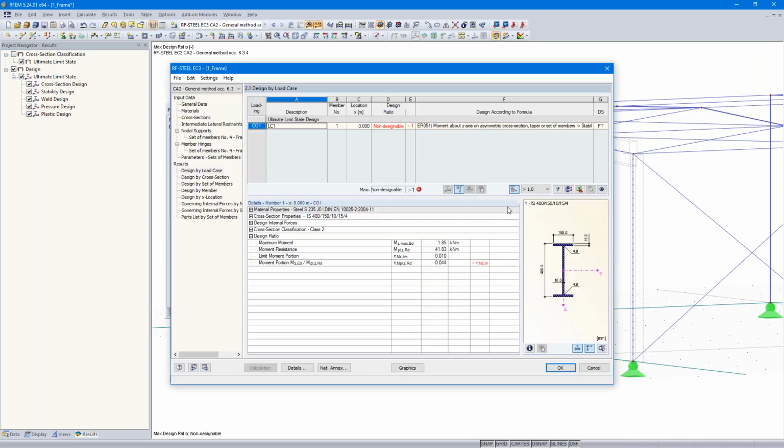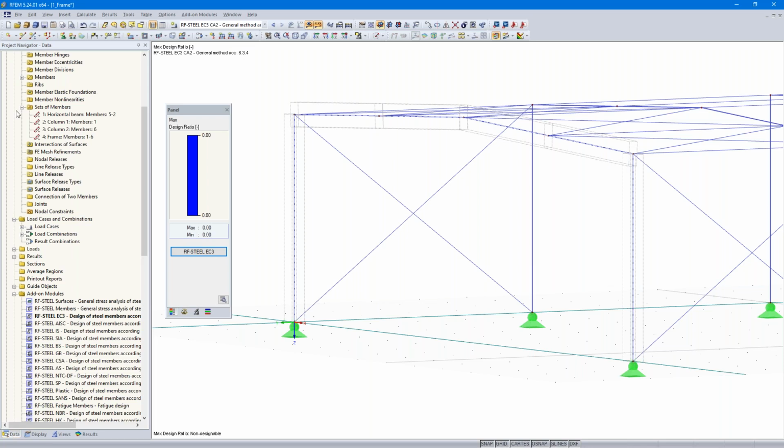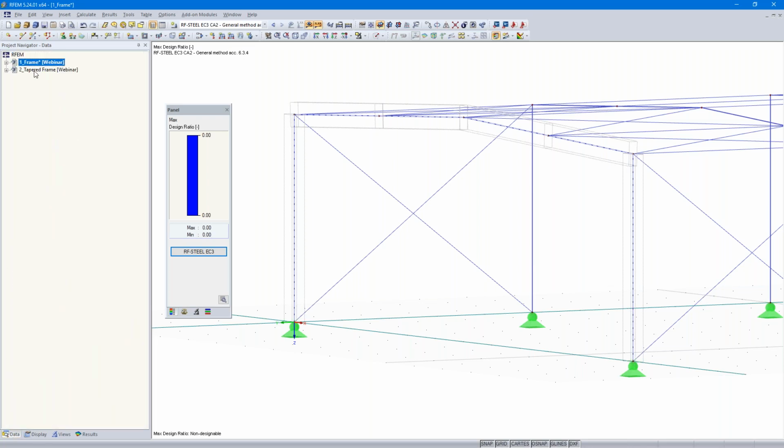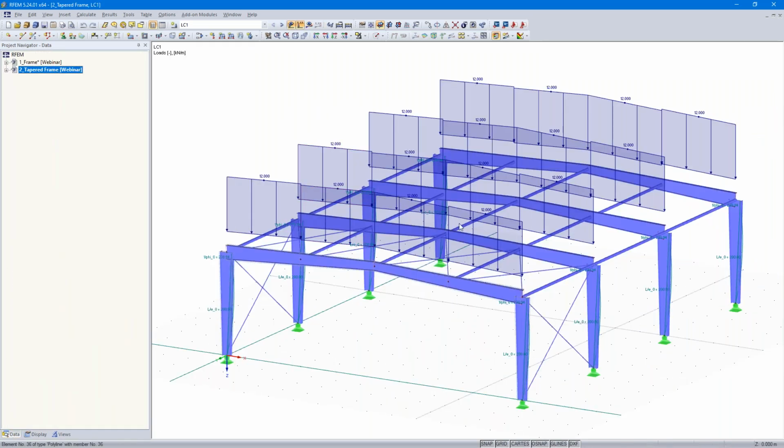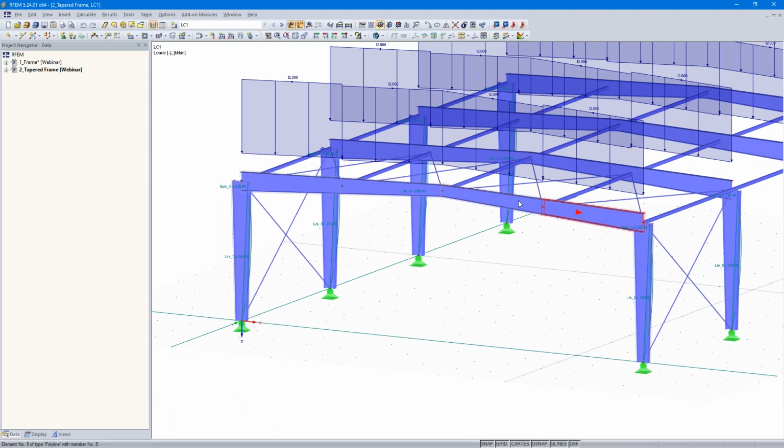We go into the add-on module. There's a warning message, moment about z-axis. And that's the reason why I don't get results for this method. Okay, we go to the next structure, or next model. Now, nearly the same structure, but now we've got tapered beams.